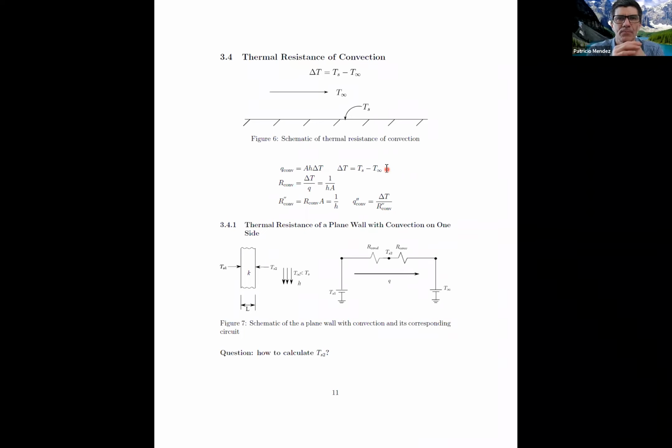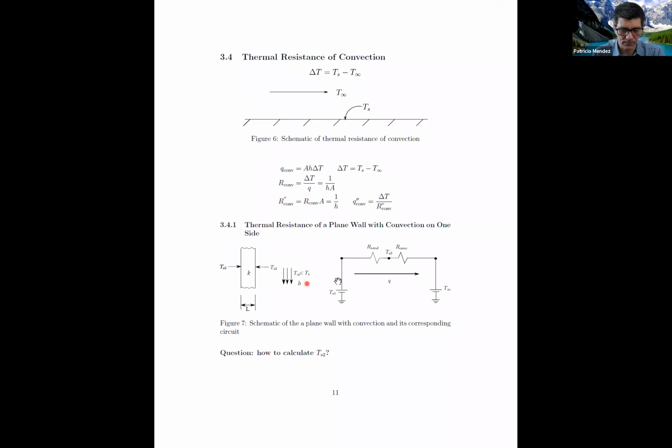We're going to see that as heat is transferred by convection, it goes across a boundary layer. Boundary layer is a concept you already heard in fluid mechanics. This is crucial for us to understand convection. Right now, we're playing with convection using just a simple formula, but we're going to see all it means later on in future weeks when we study convection.